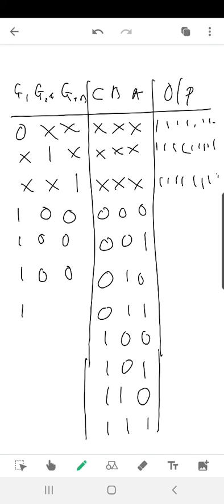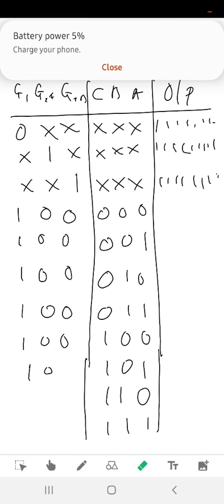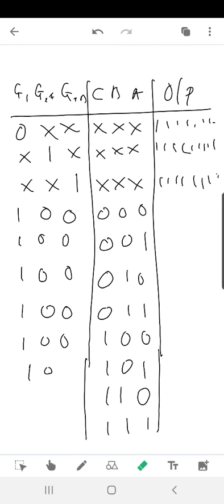Only then our IC will actually work. If the state is not this, then our IC will stop working. So we need 100 at our enable pins, only then this will work.